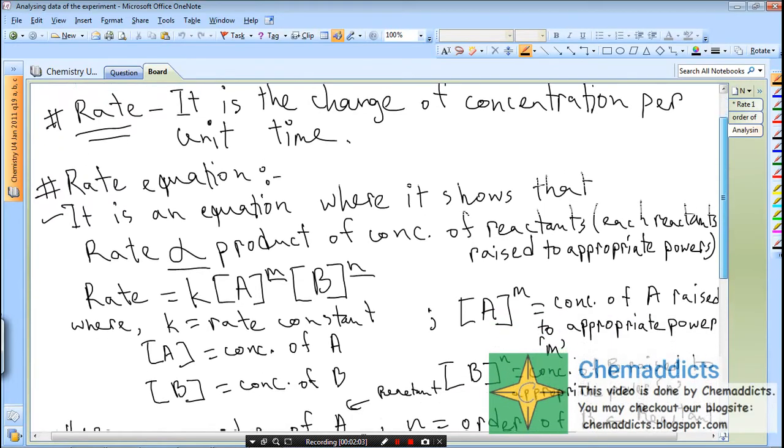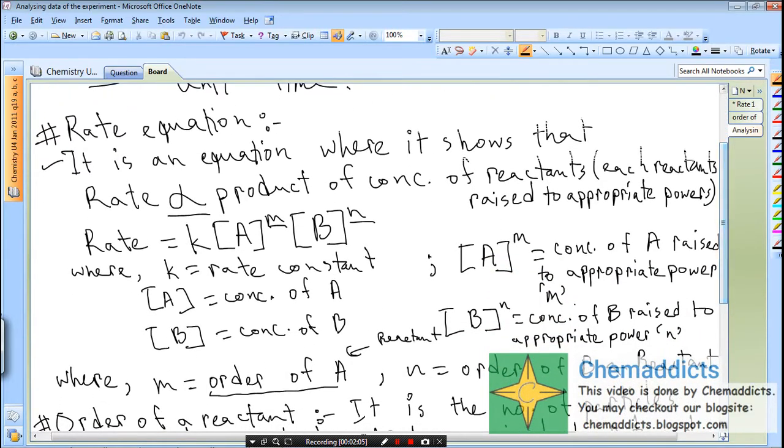Here is the rate equation of a particular reaction, where A and B are reactants. Since rate is directly proportional to the product of the concentrations of reactants, not products, product means multiplication. It is multiplied, so the product of the concentrations of the reactants.